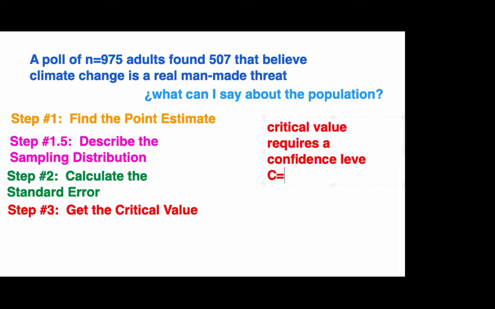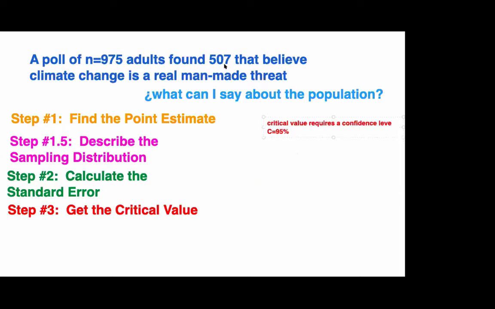Let's say for our purposes, we want a confidence level of 95%. The critical value requires a confidence level, and we have to pick what that is. Let's go ahead and say 95%.